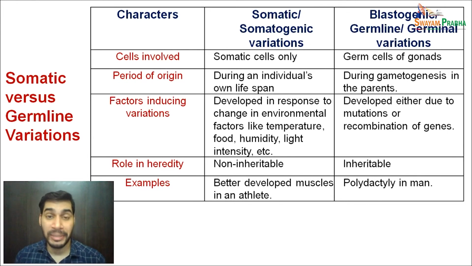But it's not necessary that the progeny are going to have the same developed muscles, because this is an acquired character and it is thus a somatic change. Whereas polydactyly in man, which is a genetic character, can be passed on to the next generation and hence it shows germinal variation.